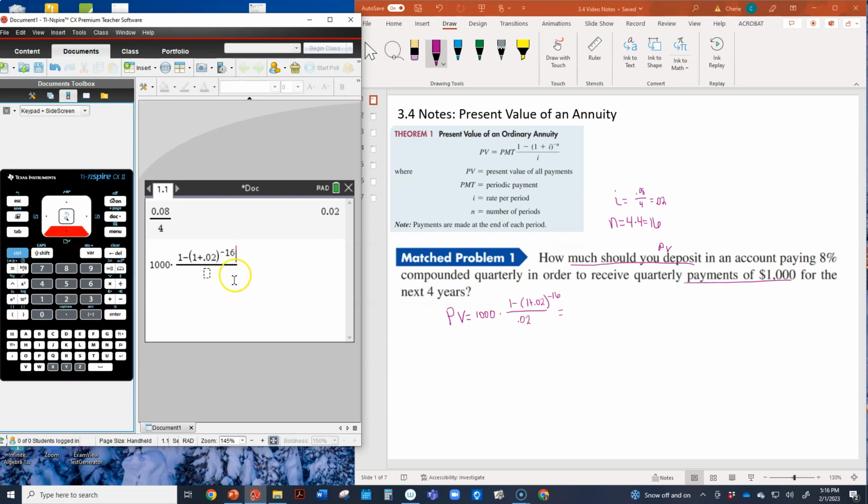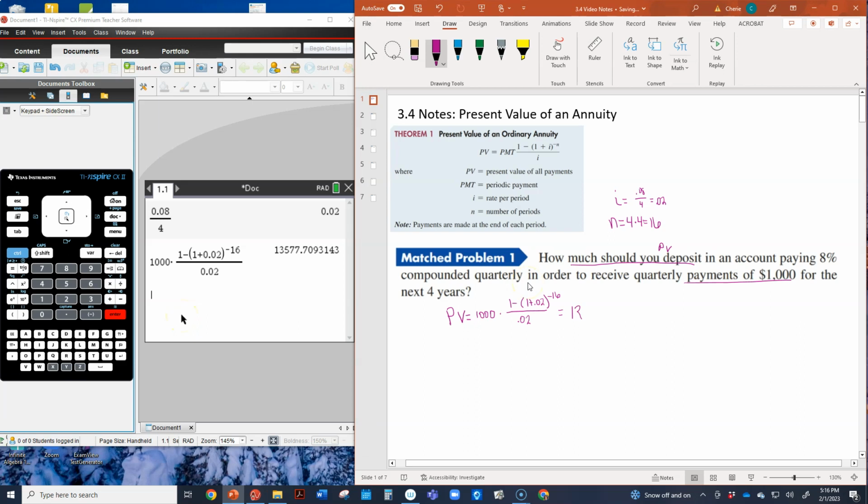And then that amount is divided by the interest rate per period. And you get, I need to deposit $13,577.71. That's how much I need to deposit.